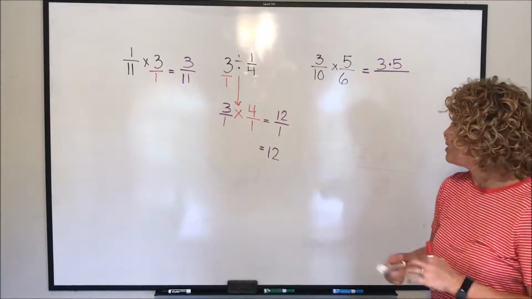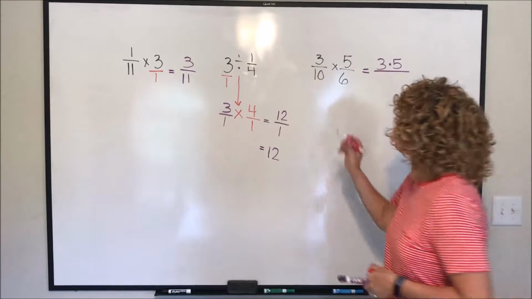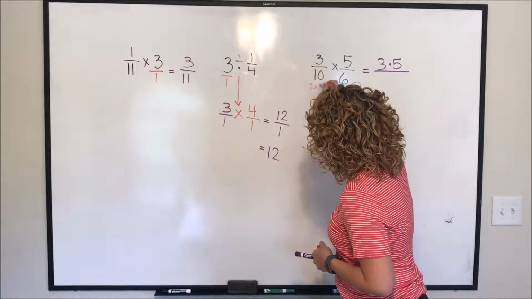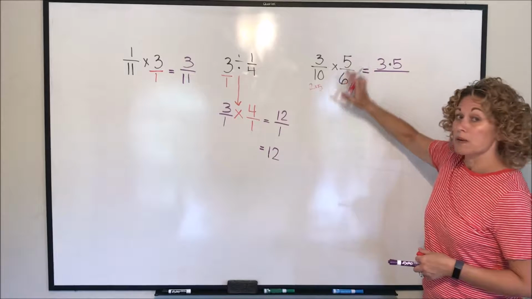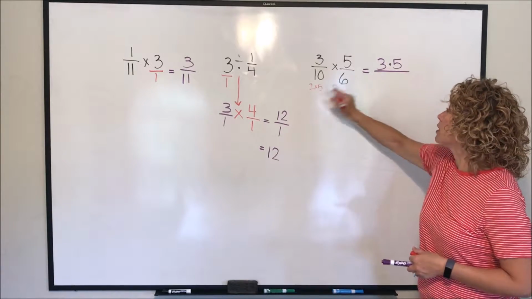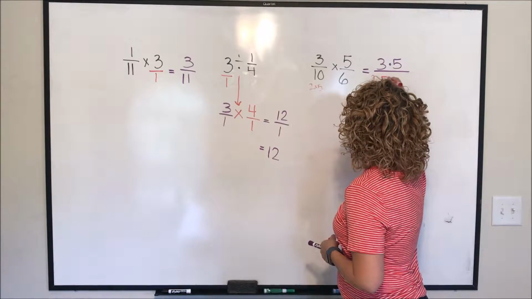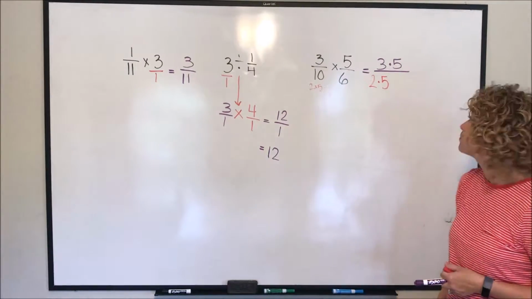Now, I know that 10 is 1 times 10, but it is also 2 times 5. That 5 goes with this one. Because it has a number that they agree on, I want to use that combination for my 10. So this, 2 times 5, is in place of that 10.